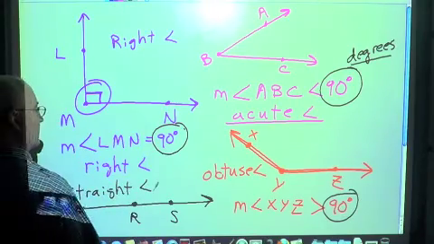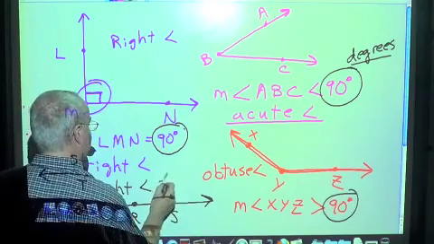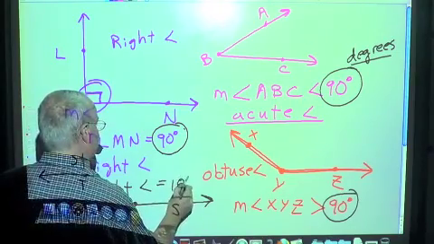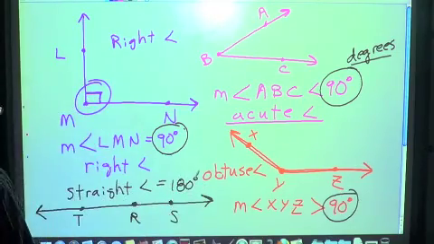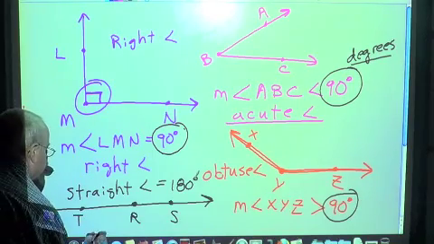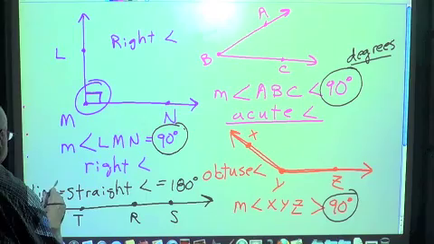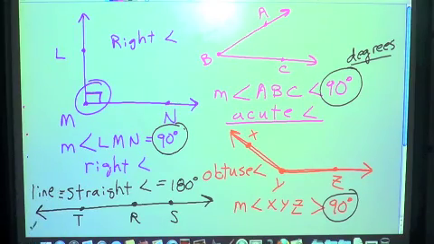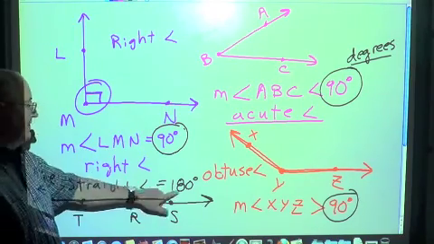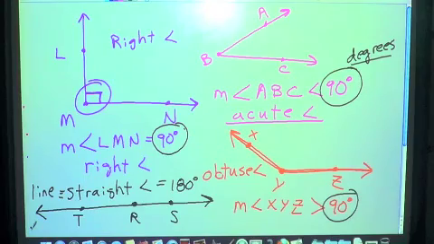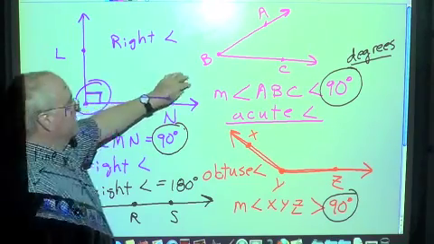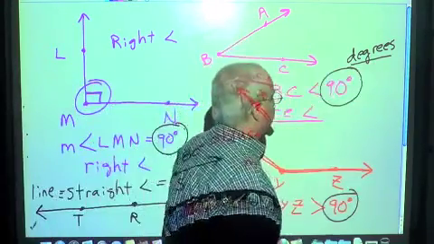It's a line. It equals 180 degrees. A line is the same thing as a straight angle. It equals 180 degrees. Okay? What do we measure angles in? We measure them in degrees.